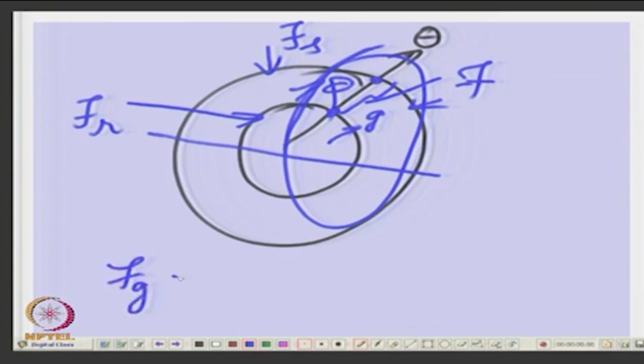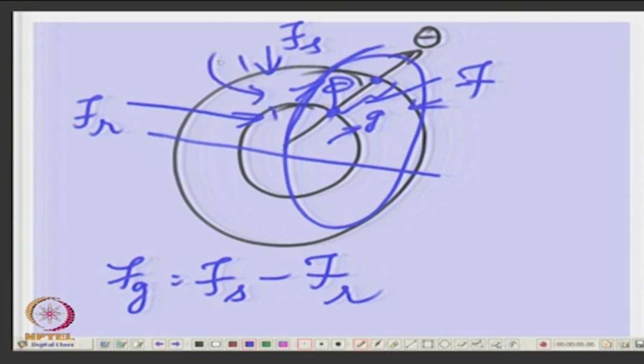F of the air gap, Fg, will be the magnetic potential of the stator minus the magnetic potential of the rotor, between the stator and rotor, and that will change with position depending upon the type of excitation that you have.